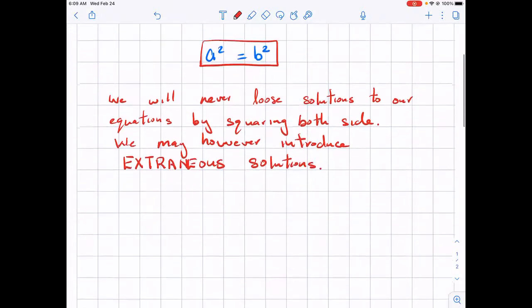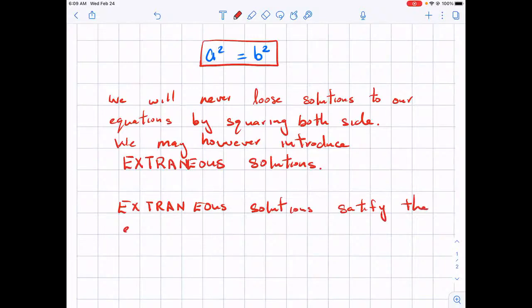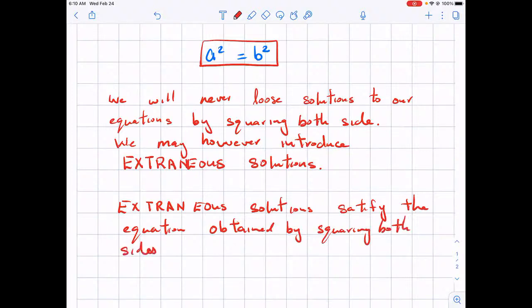And an extraneous solution satisfies the equation obtained by squaring both sides of the original equation.